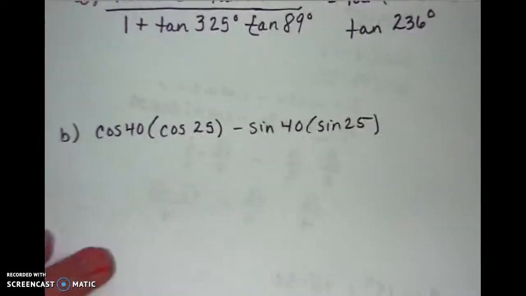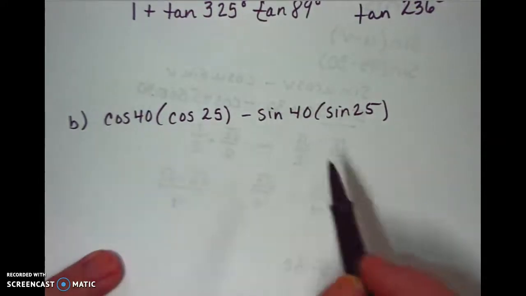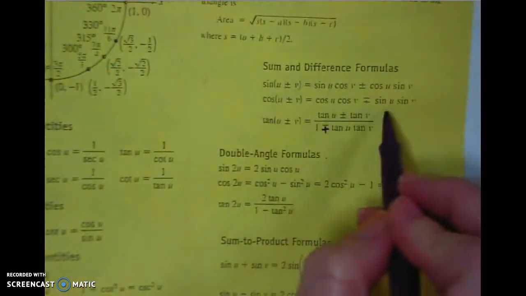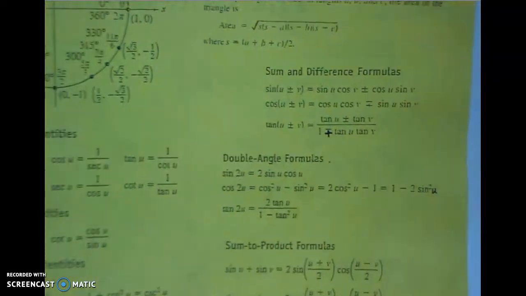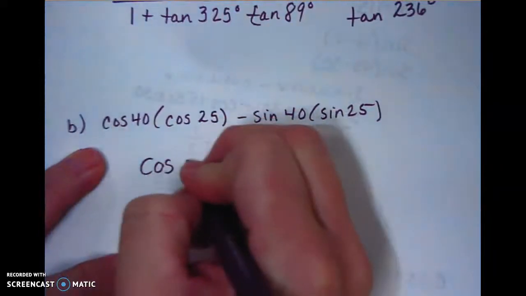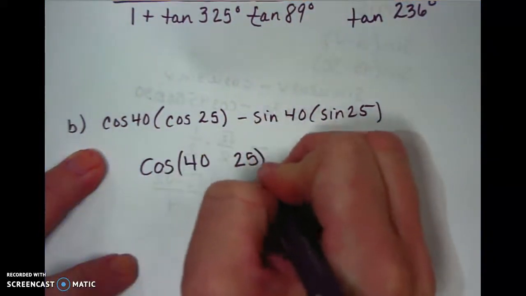This one, we need to figure out what formula we're using because both cosine and sine are in it. We have 2 cosines next to each other and 2 sines next to each other, which is the cosine formula. So I know this is cosine, I know my u is 40, and I know my v is 25.